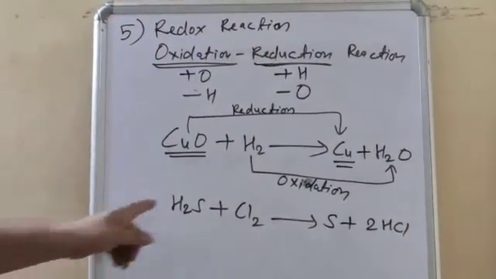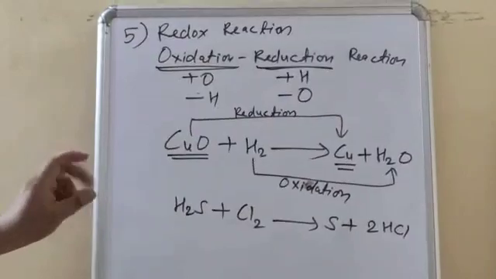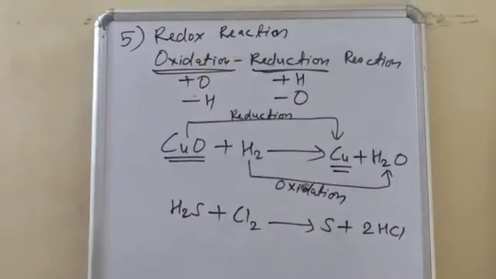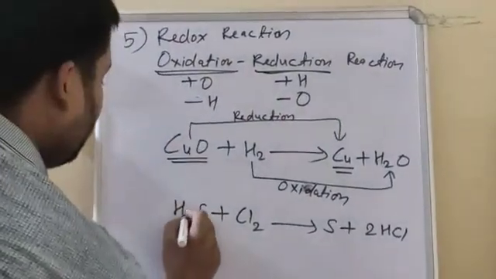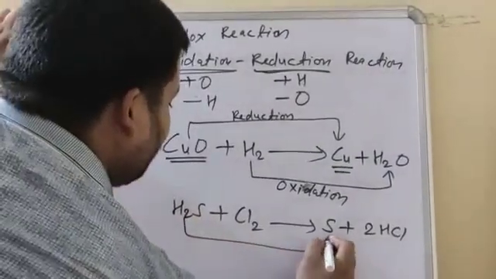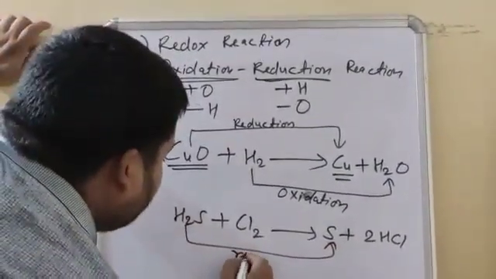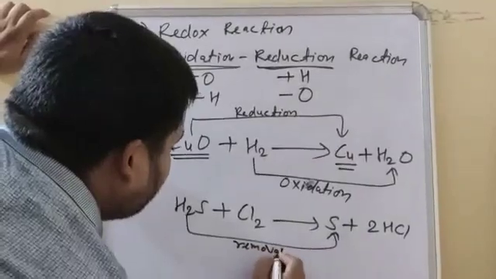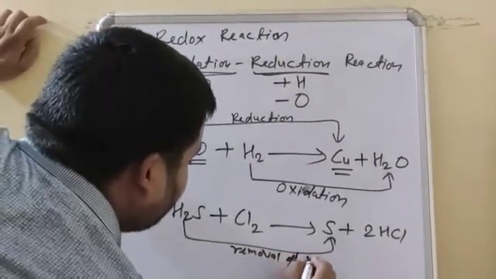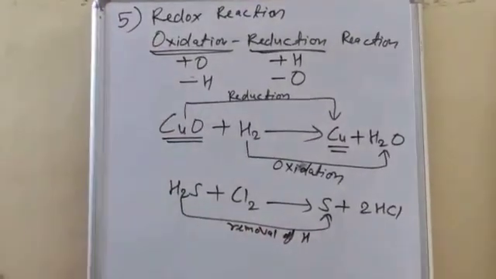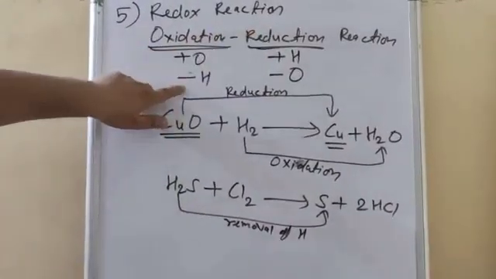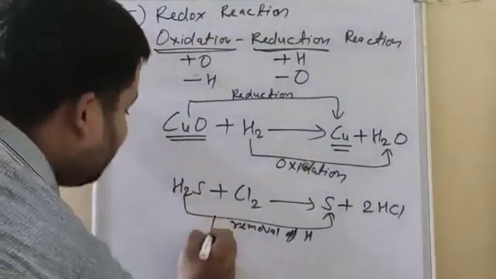So there is no oxygen, so we will check according to hydrogen. Here, is hydrogen added or removed? Removal of hydrogen. So just check: removal of hydrogen, it is oxidation.